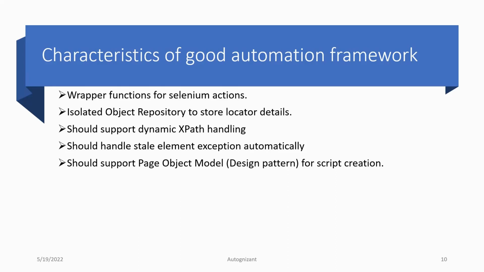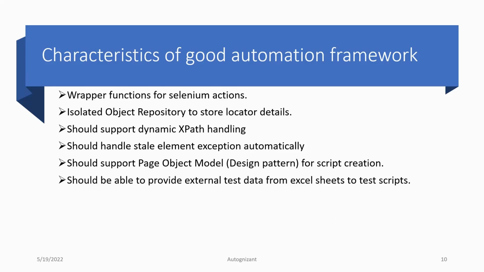It will save lots of maintenance time, and we don't need to go to each test script and modify the code there, because we will be creating objects of these page classes and using them in our test scripts. So when we use the page object model pattern, it avoids modification in each test script.